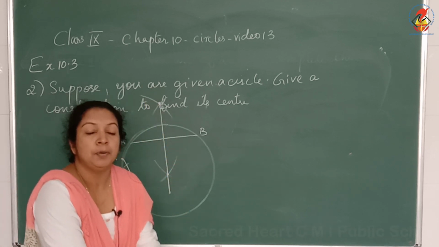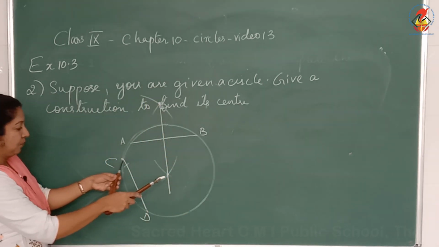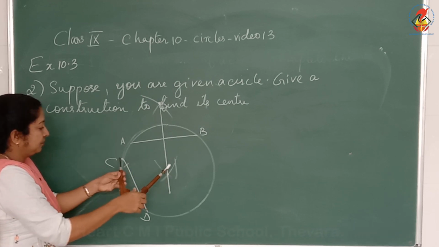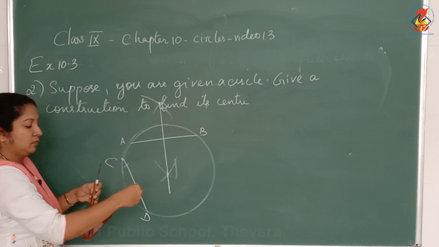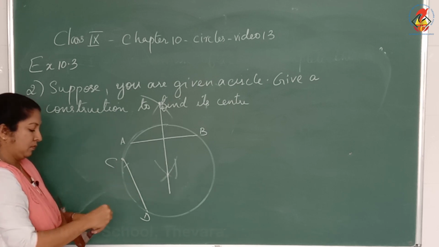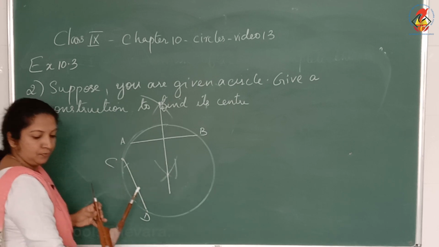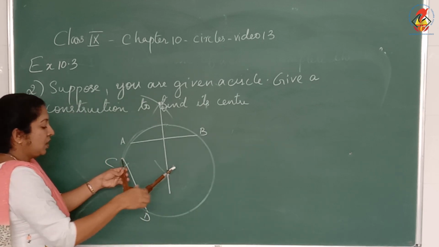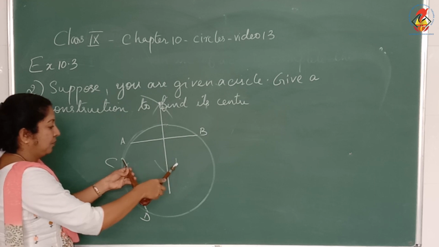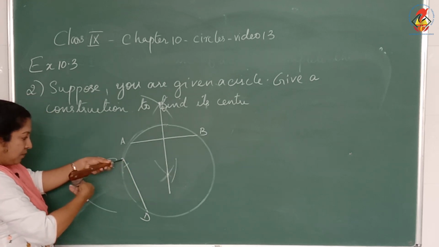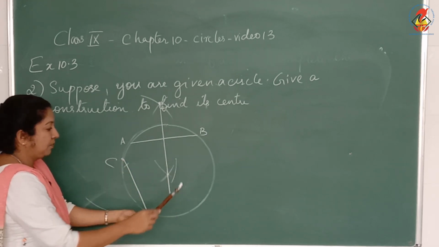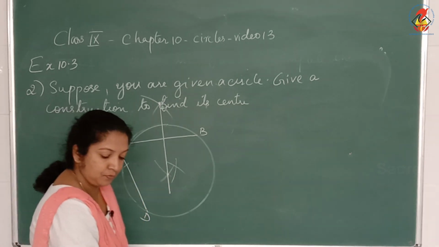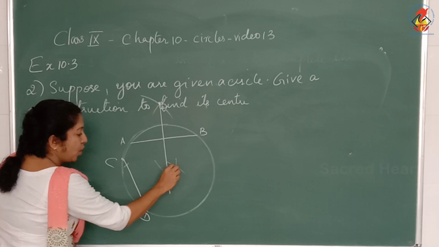In the same way, draw the perpendicular bisector of CD. Take more than half of CD and draw the arcs from C and D. Join these two points.